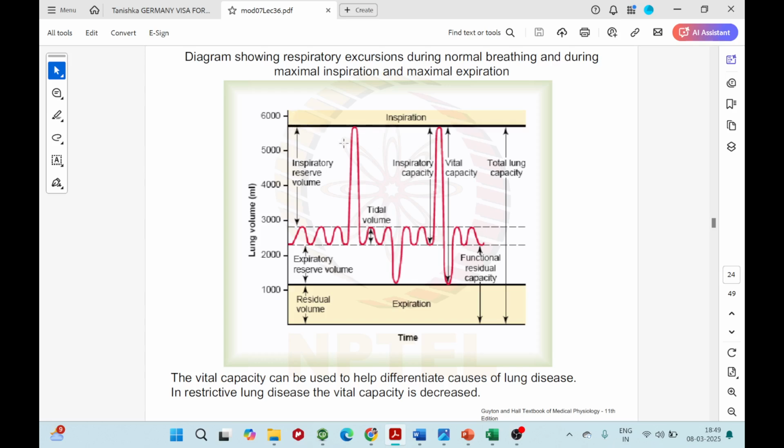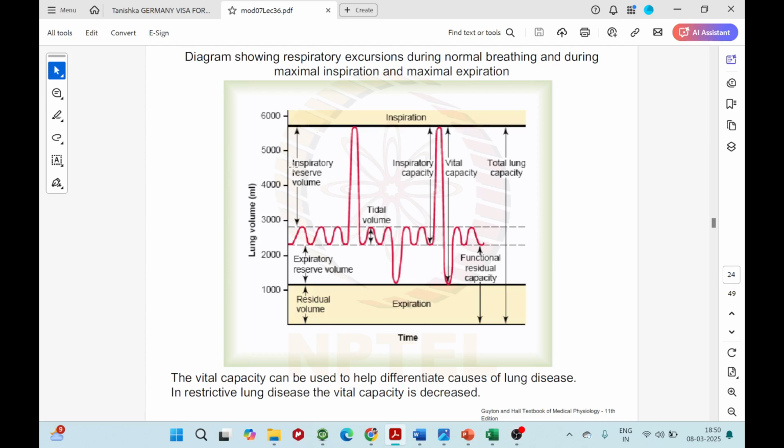Then you exhale as much air as you can, and even at the maximum exhalation, some 1200 or 1100 ml of lung volume remains. So these are the different capacities of the lung.